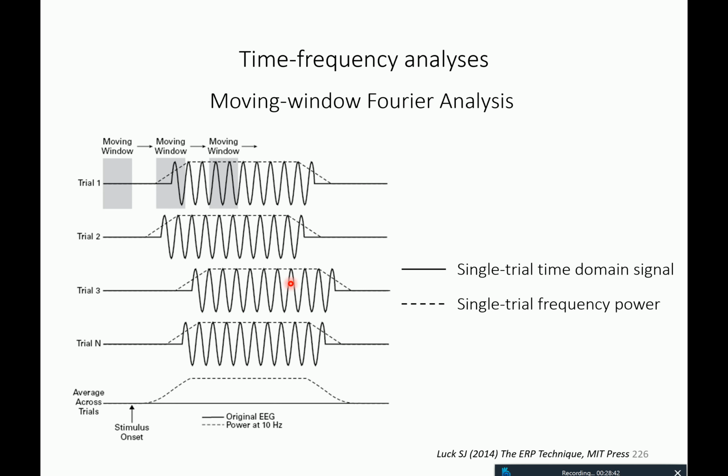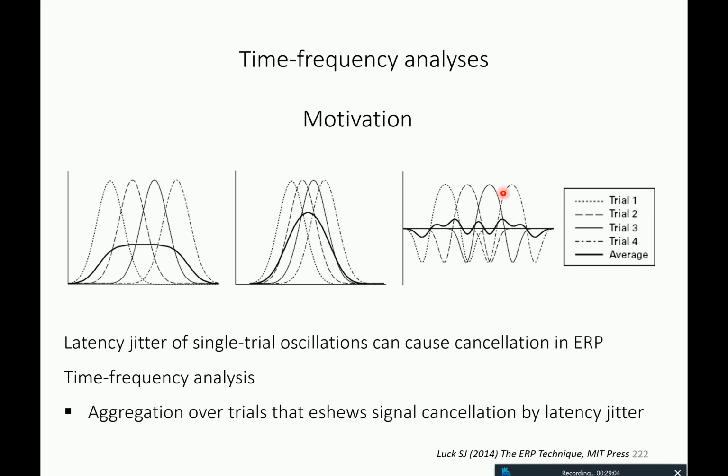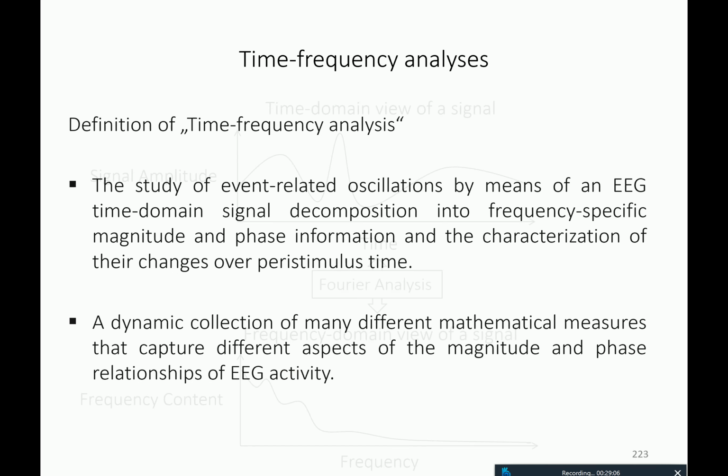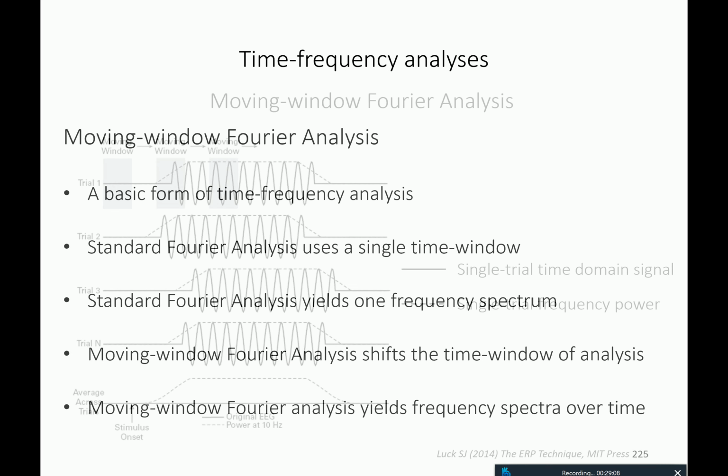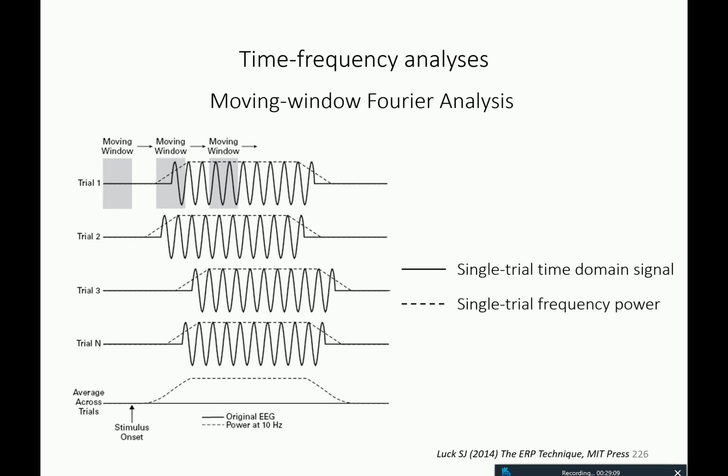Of course, in this case, you could also just take the absolute value of the observed data and average this absolute value together. Then you would also get this power. But the idea is again that you avoid this effect of cancelling out activity by looking at the frequency content and how it evolves over time.